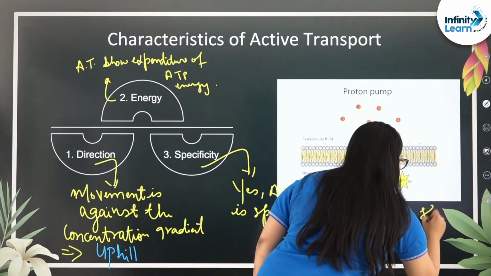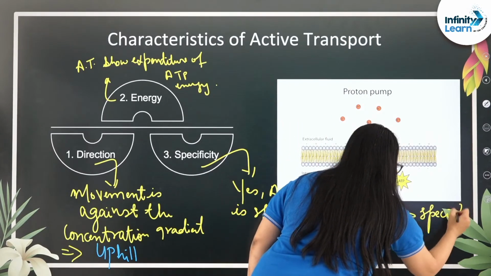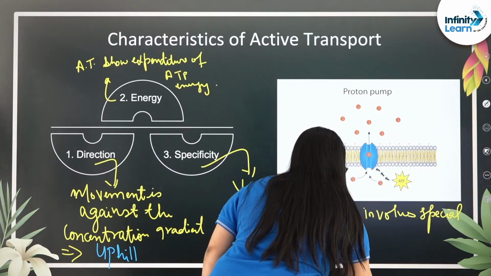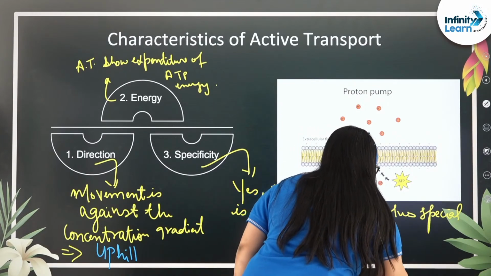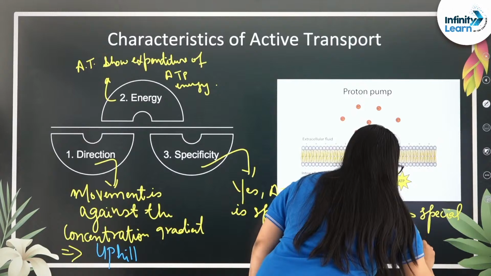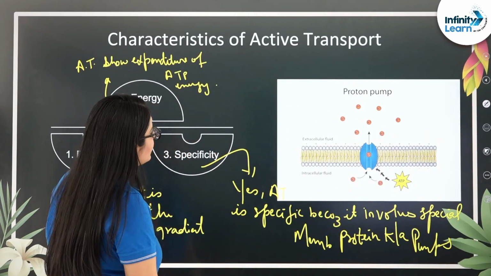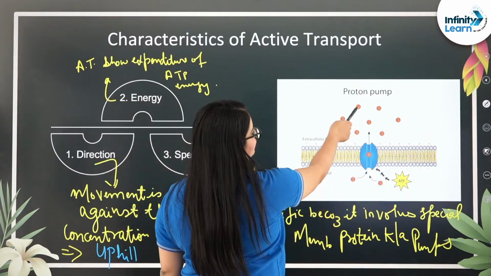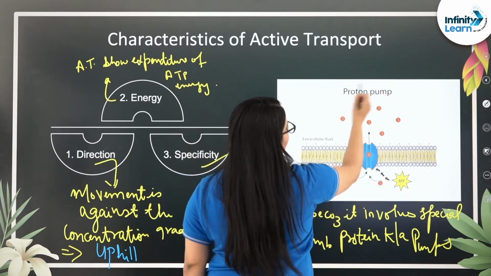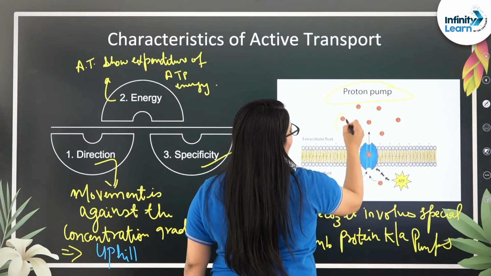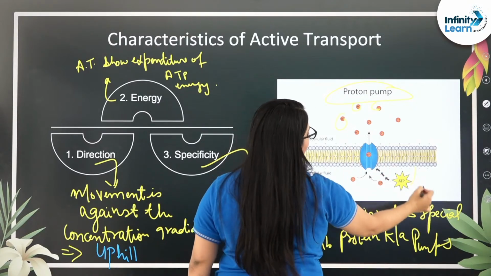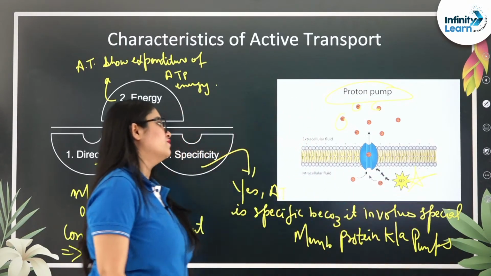Yes, active transport is specific because it involves special membrane proteins known as pumps, right my kids? Next point is, see here, from lower concentration to higher concentration with the help of a proton pump, H plus ions will be transported and there will be expenditure of ATP energy.